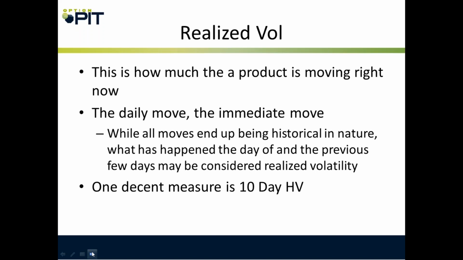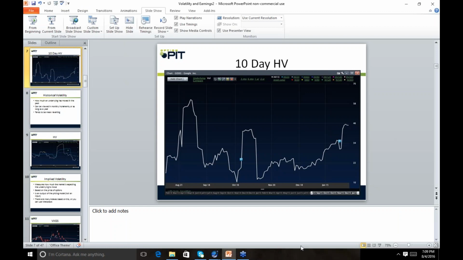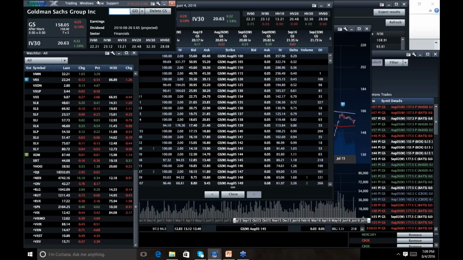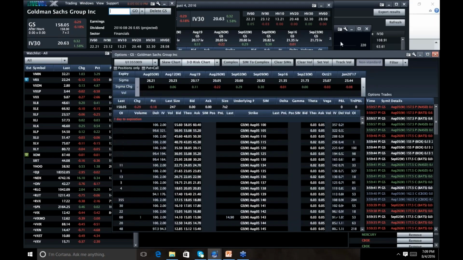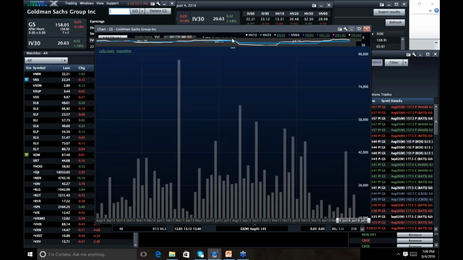One decent measure I look at is 10-day historical volatility. So this is an older chart of Google. You can see here's how much Google is moving around. If I pull up my software, there's all sorts of stocks I can look at, and I can see how much they're moving around.